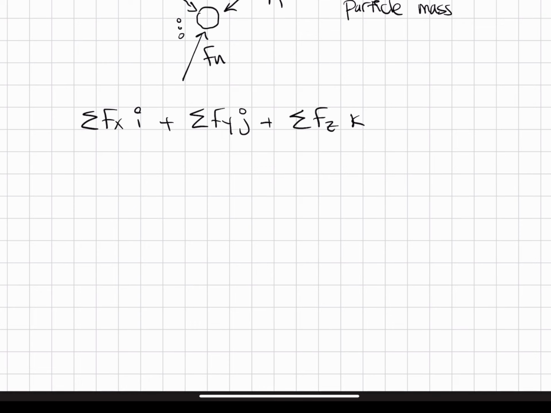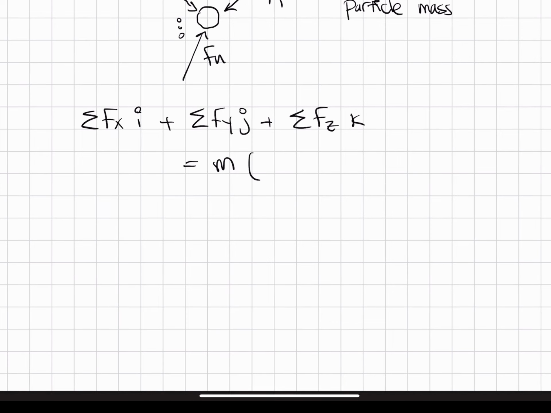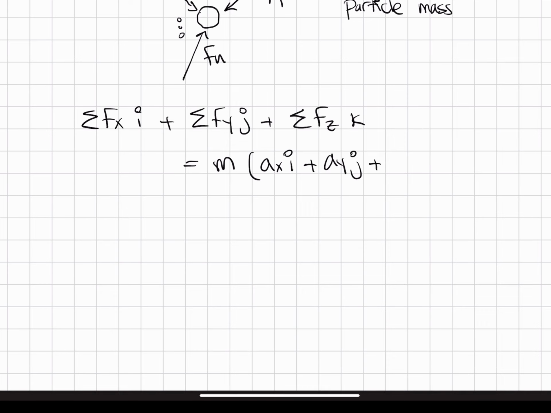All of this is equal to mass in the corresponding acceleration direction. So we have ax i, ay j, plus az k.